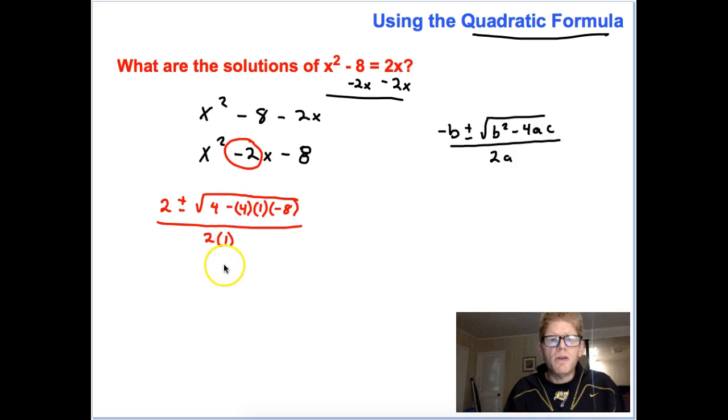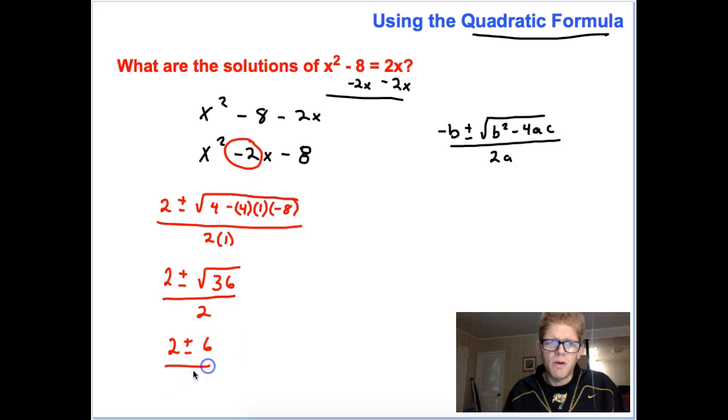And if you want, you can go ahead and pause this and punch that into your calculator. When I do, I get that this is 2 plus or minus the square root of 36, all over 2. And of course, we know the square root of 36 is 6. So it's 2 plus or minus 6 over 2.